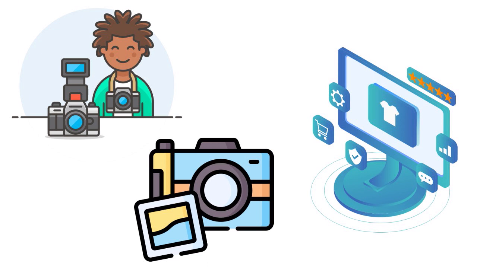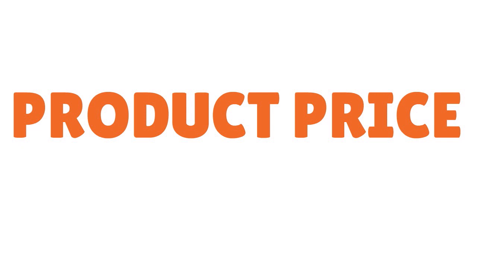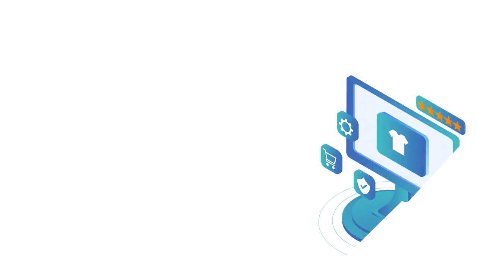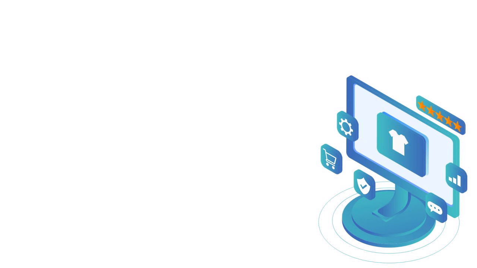Very important. Now, also think about product price. This will be the price of your product, and don't just put prices randomly. Try to observe other stores and offer a competitive price, right? People often decide on purchasing the product based on the price.